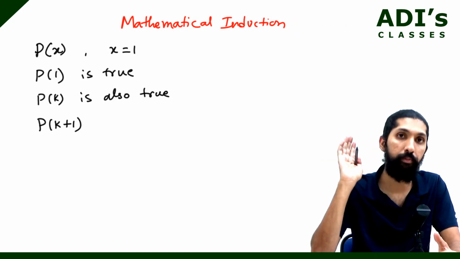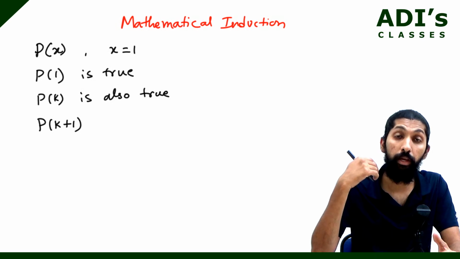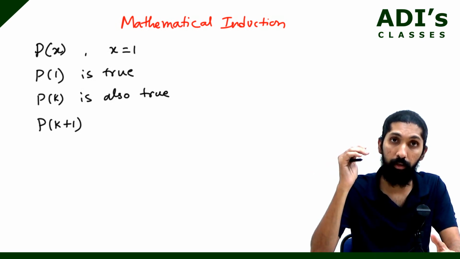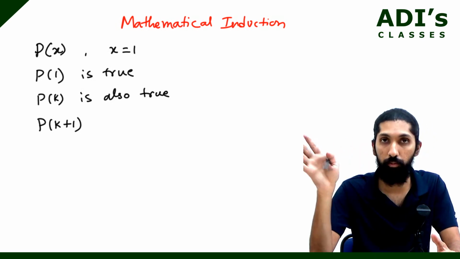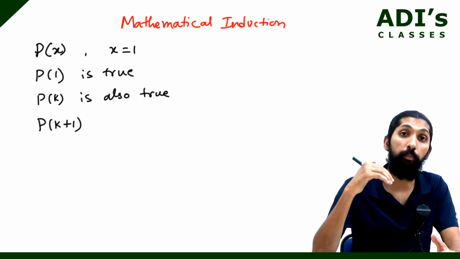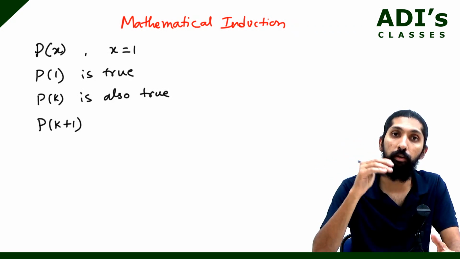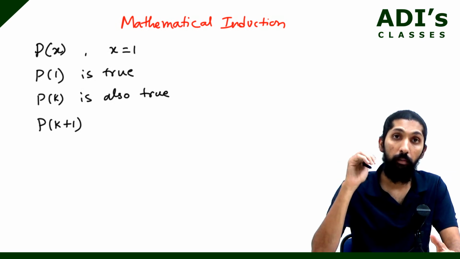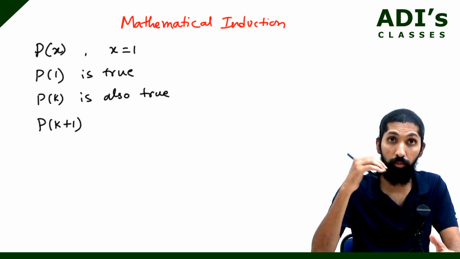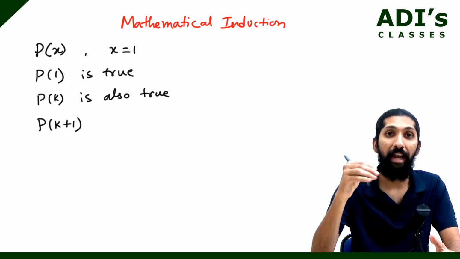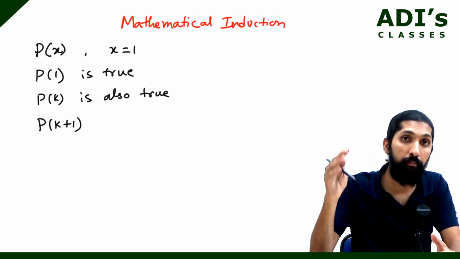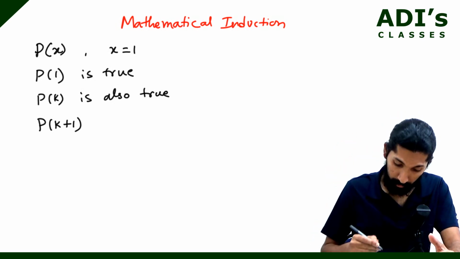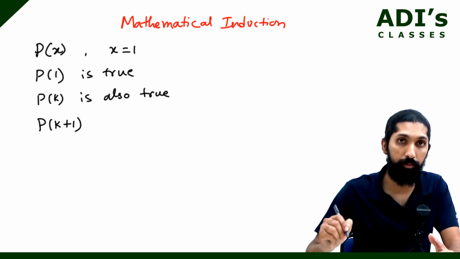That's very simple. Then we assume it to be true for p of k, and we prove that it is true for p of k plus 1. Because if it is true for p of k plus 1, it has to be true for any number n, correct? That is what we are doing in induction.